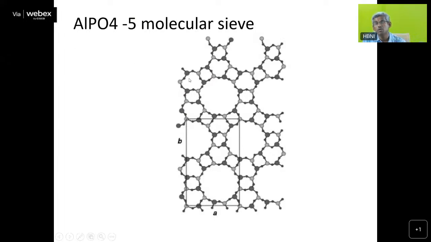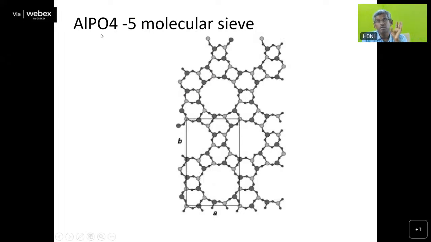They form a neutral compound, and AlO4 and PO4 form corner-shared tetrahedra, and they share it in such a way that you generate multiple types of pores. For example, this is a big pore, this is a small pore, this is a medium pore, and this is a small pore. So what information I am getting by doing SEDOR is the dipole-dipole interaction between aluminum and phosphorus.